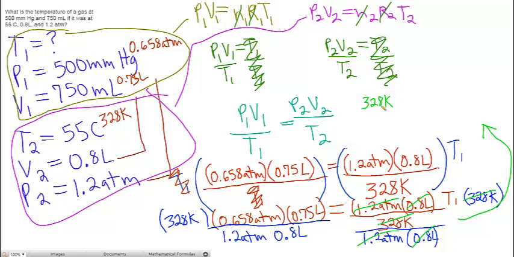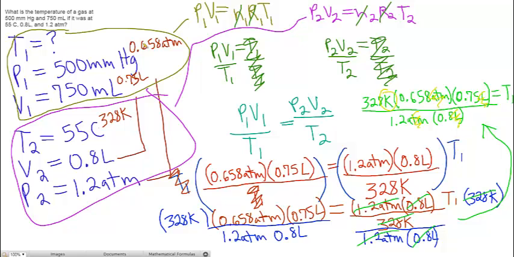Therefore, we are now left with 328 Kelvin times 0.658 atm times 0.75 liters divided by 1.2 atm and 0.8 liters. All of this equals T1. What units will T1 be in? Well, we're getting rid of atm, we're getting rid of liters, so our T will be in Kelvin.